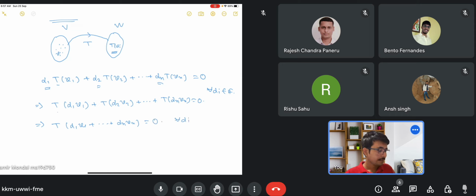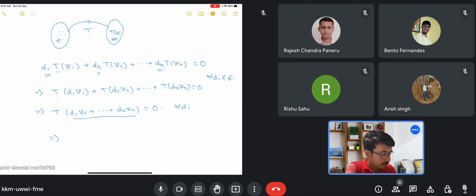Now, can we say this element is 0? Then we are done, because V1 up to Vn is already a linearly independent set. If somehow we can say that this sum is 0 for all alpha, since these are all linearly independent, this forces all alpha to be 0.